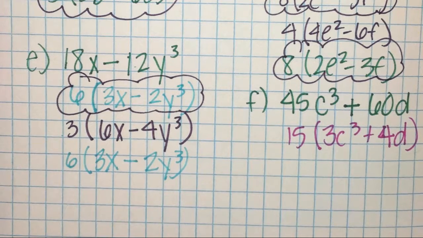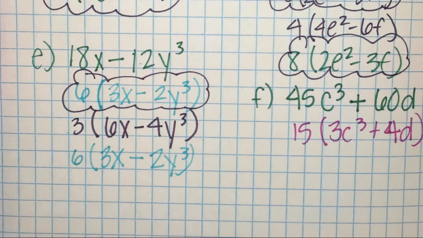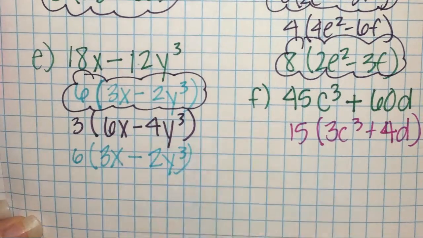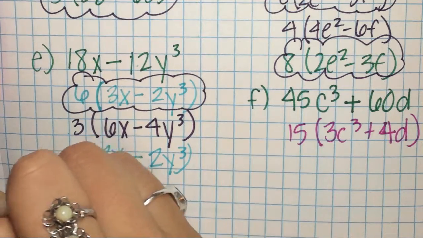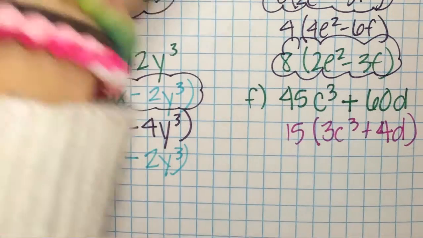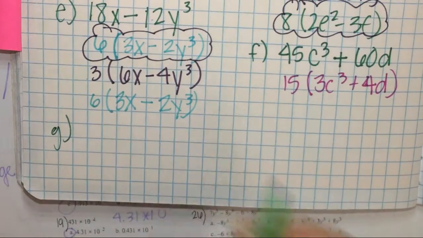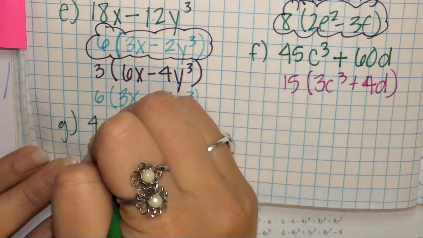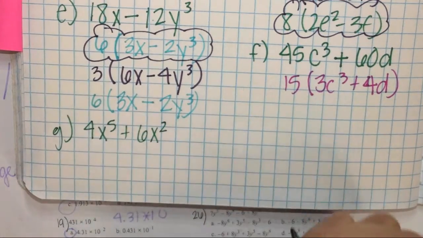Super proud. Okay, now the other step that we did on Friday, that we're going to review because you guys are scaring the bejesus out of me, was what happens if we have 2 of the same variable. So if I give you a problem, and we're just going to start off easy, if I give you a problem that says 4x to the 5th plus 6x squared.